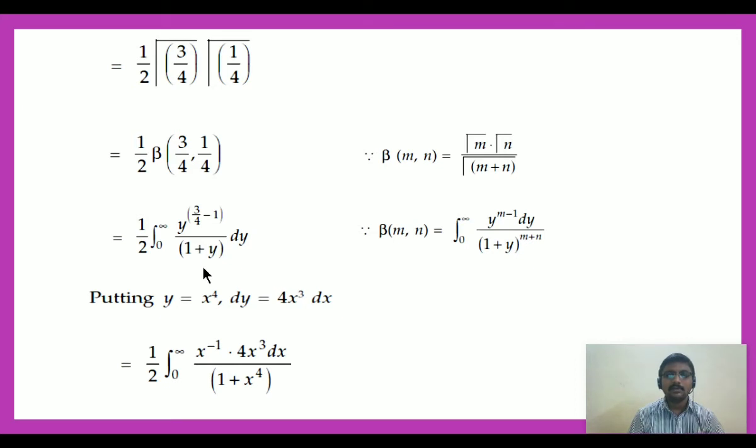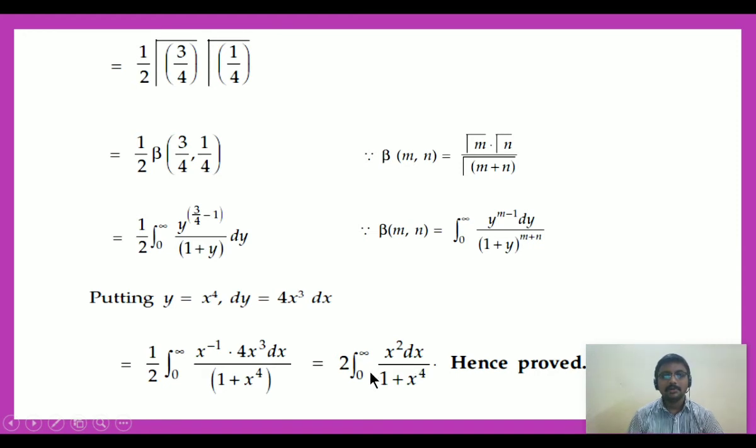So clearly the 4 gets cancelled, and we will have x power minus 1. And dy is 4x cube dx. 1 plus y, but what is the value of y here? x power 4. So thus we will have x cube into x power minus 1 is x square by 1 plus x power 4 dx.